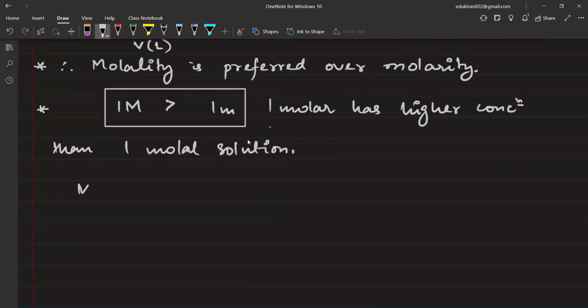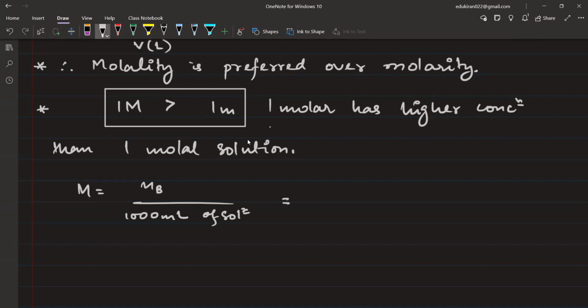What is molarity? Tell me. Number of moles divided by volume of solution in liters. Yes or no? So this will be 1000 ml of solution. Correct? Okay.